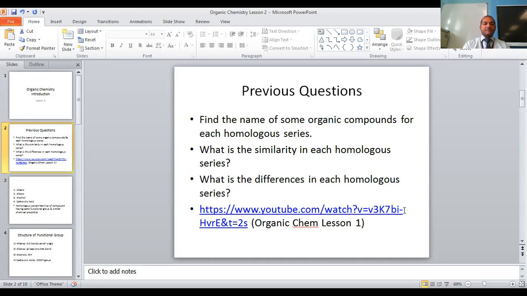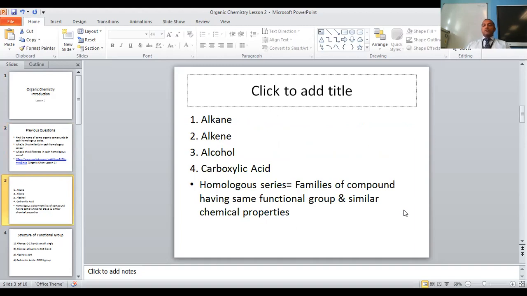The next one. What is the similarity in each homologous series? The last one, what are the differences in each homologous series? In our IGCSE chemistry, we have 4 main organic families or homologous series that we have to learn.